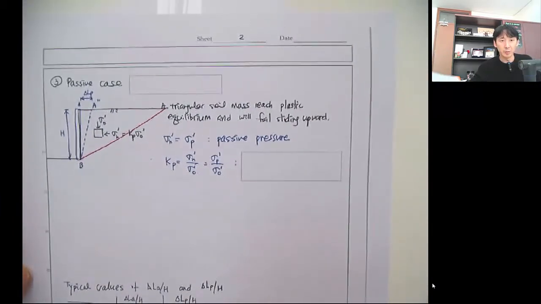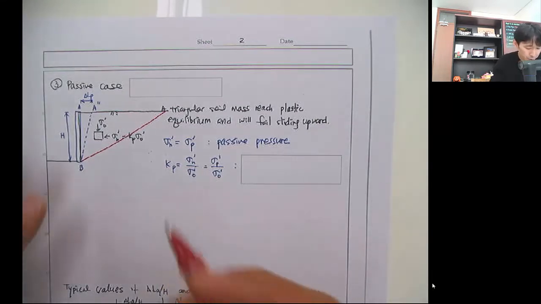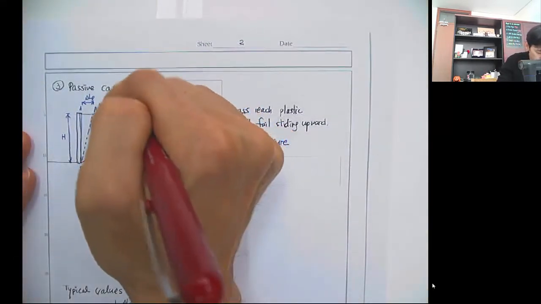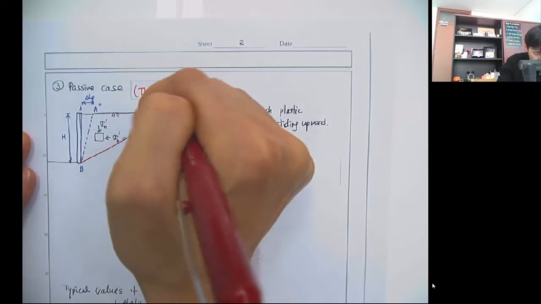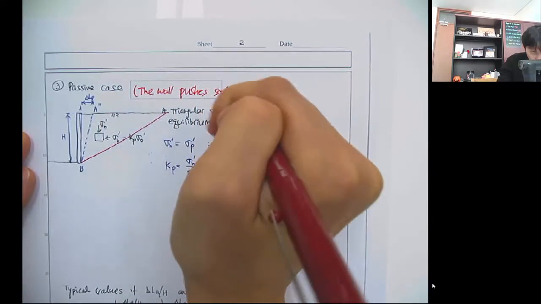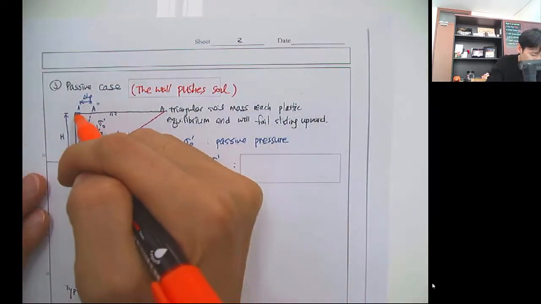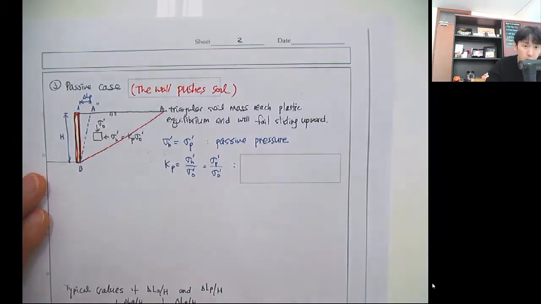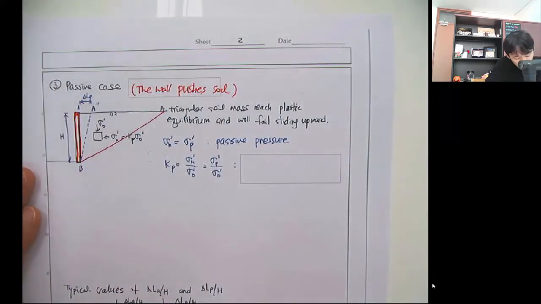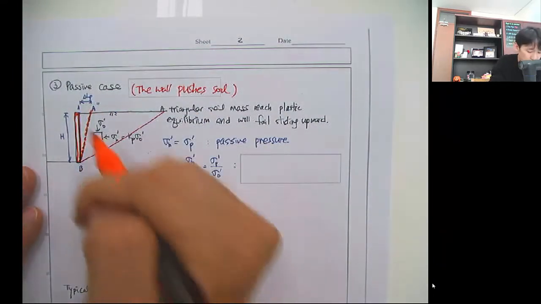Then the last is the passive case. The passive case is when the wall moves into the soil, or the wall pushes the soil. Initially the wall is here, and because the wall is pushing into the soil, the wall deforms in this direction.